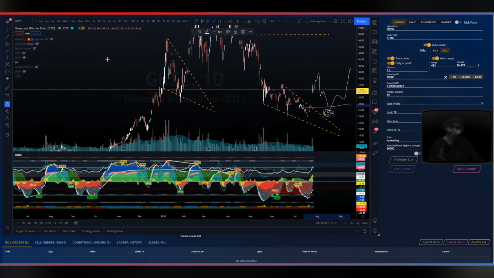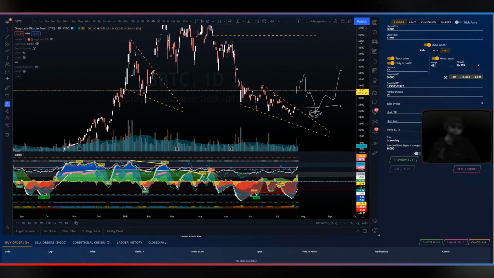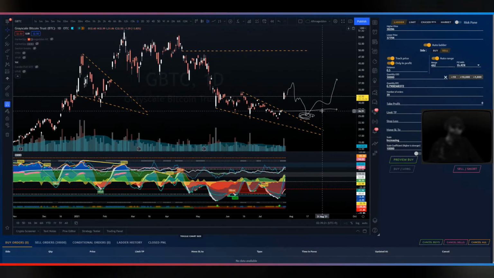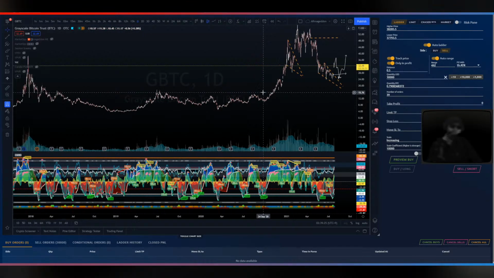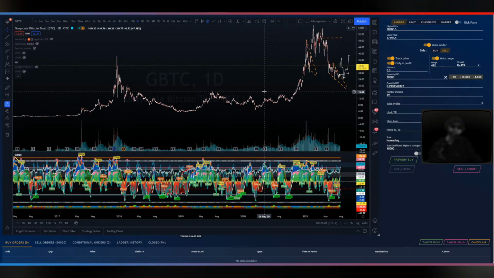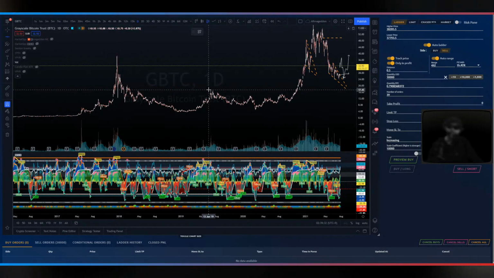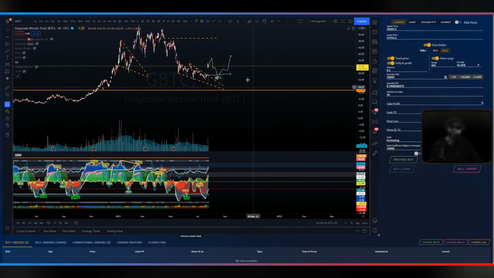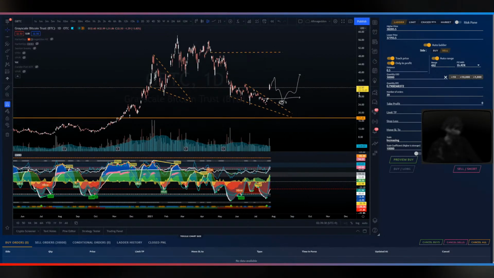So GBTC is the last final chart that I wanted to show you because it's obviously more illiquid than the actual Bitcoin. There's not much going on here, but relative to Bitcoin's price, it's almost identical, and a retest of that level is coming.